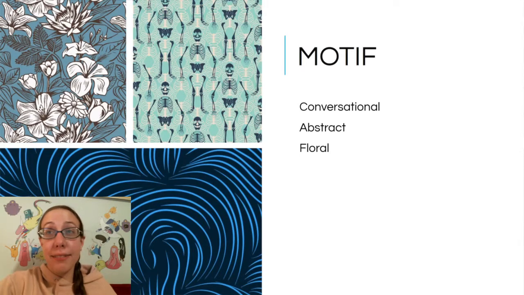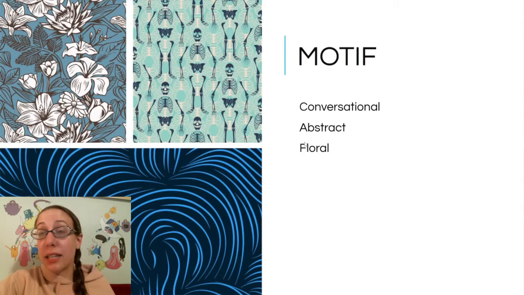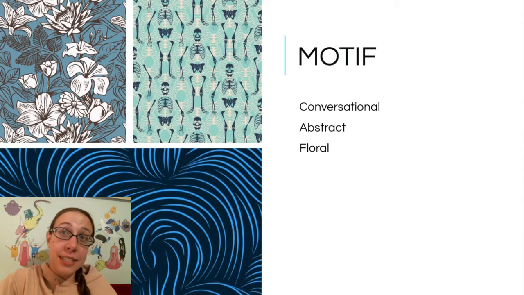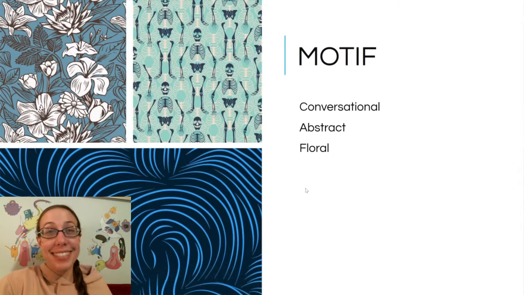And actually, we have a whole project where we design florals. We also have a whole project where we design conversationals, but florals are such an interesting category because they can be broken up into so many subcategories of more romantic florals, more detailed ones, more abstract ones. So it's all very fun to explore the floral category of the textile design market.